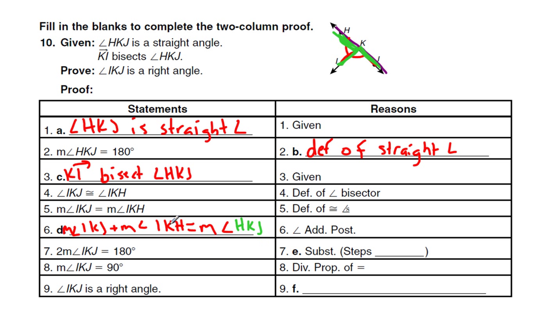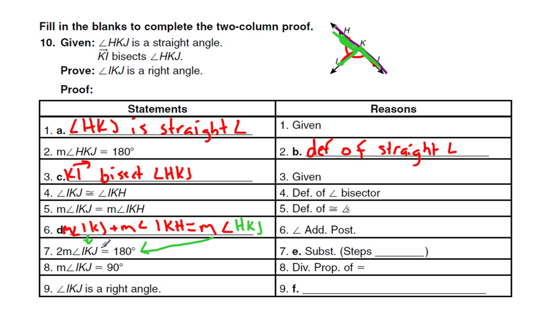This next part is where it sort of gets a little crazy. How do we go from this to this? Let's look at it. The measure of HKJ is 180, right? So that's where this comes from. Then 2 times the measure of angle IKJ. We have IKJ.